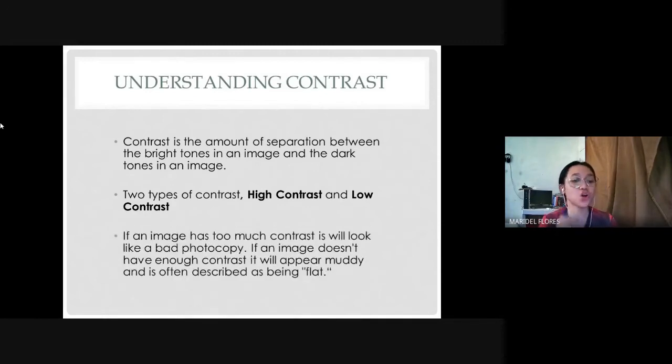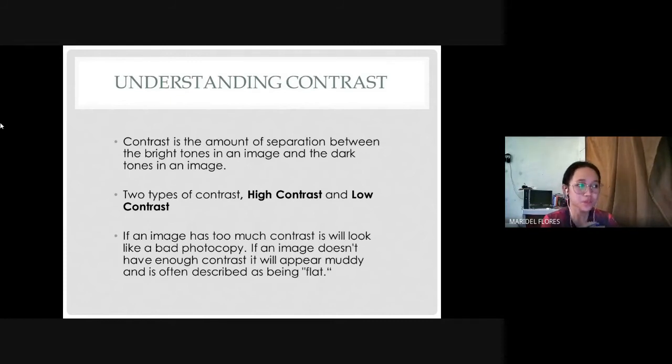If an image has too much contrast, it will look like a bad photocopy. If an image doesn't have enough contrast, it will appear muddy and is often described as being flat, or a flat photo. For example, if you edit your picture and add too much contrast, mas sobraan siya ka-sharpen ang imuhang mga features na gina-focusan sa contrast.